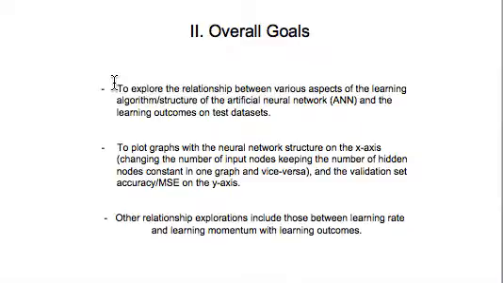Another thing that I explored was changing the number of input nodes, keeping the number of hidden nodes constant, and changing the number of hidden nodes, keeping the number of input nodes constant in the neural network to produce an output and see and plot the validation's mean square error and see the trends in that, and to be able to find an optimal structure for the neural net if that exists, given that in the academic research there isn't a lot of clarity on what an optimal neural network structure is, and if there's an optimal neural network structure at all to begin with.